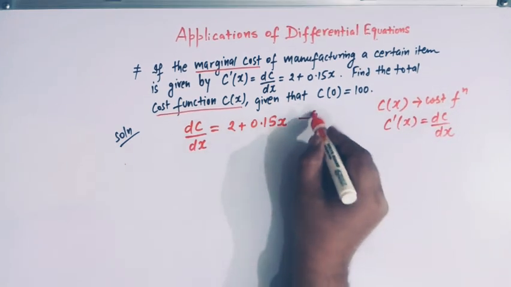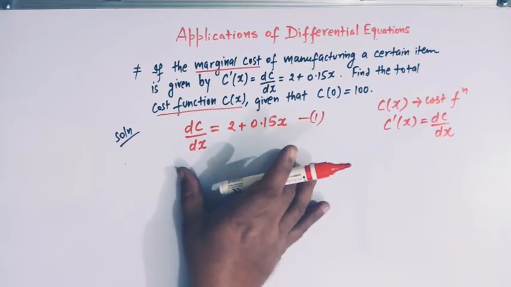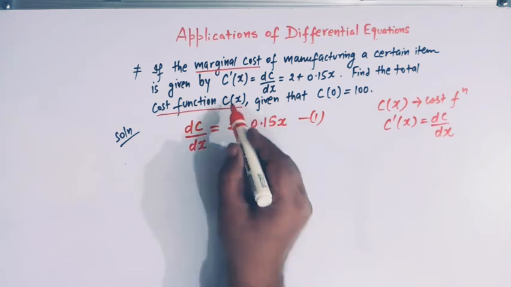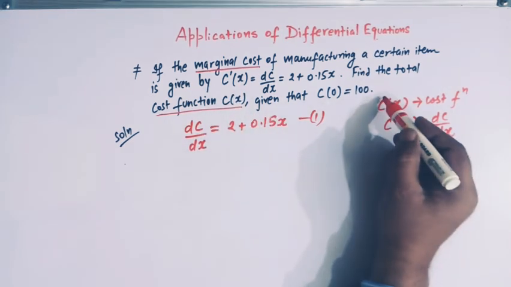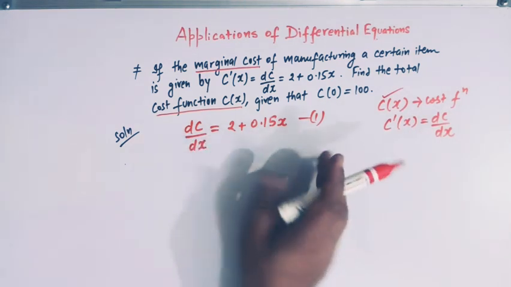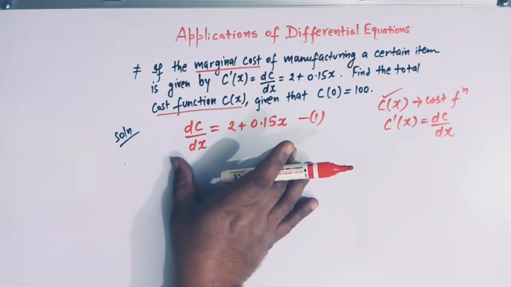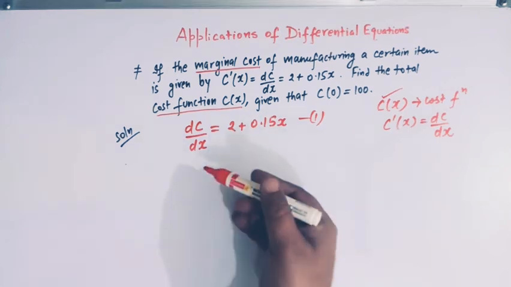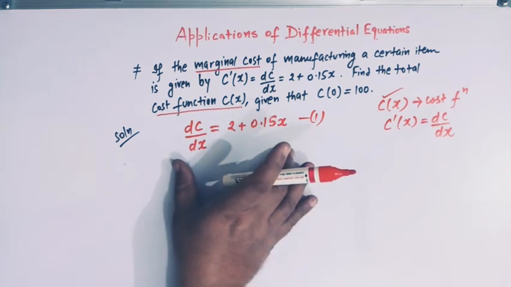So this is the differential equation, and we have to find C of x, that is we have to find the cost function, right?